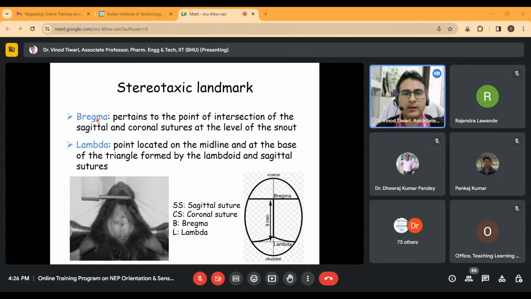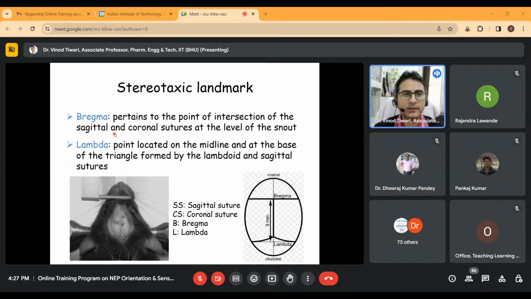So what is the bregma basically? You can easily see this is like a plus sign. It is an intersection of two sutures. When you put a cut on the skin of the skull of the animal, and then a cut on the muscle, and expose it, you will see an intersection where two lines are meeting each other.